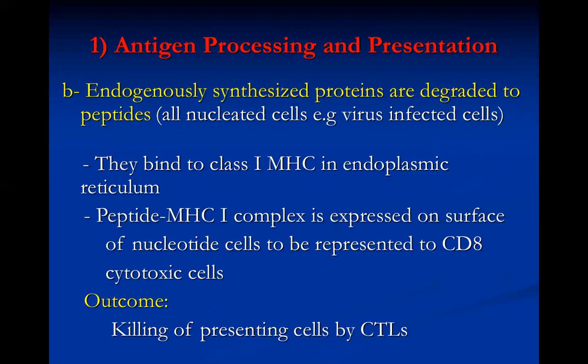That cell will still try to process its antigen, and in a bid to present the antigen to the effector T cell, they will be required to express on their surface major histocompatibility complex class 1. So for endogenous antigens or intracellular pathogens, they require major histocompatibility complex class 1 to present the antigen to who? To cytotoxic T lymphocytes.